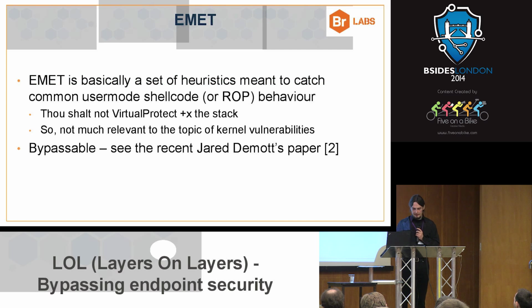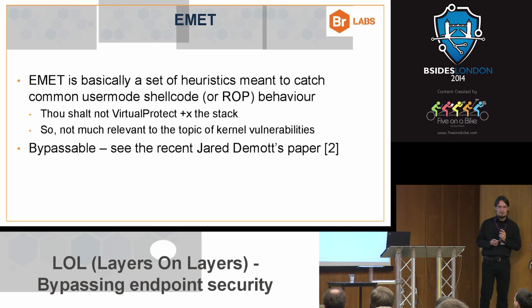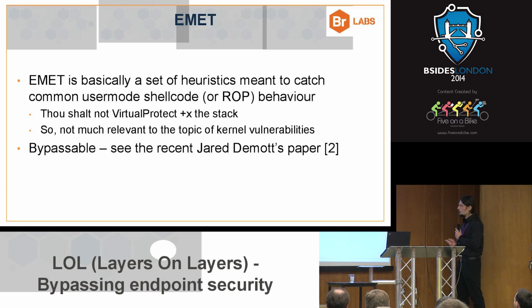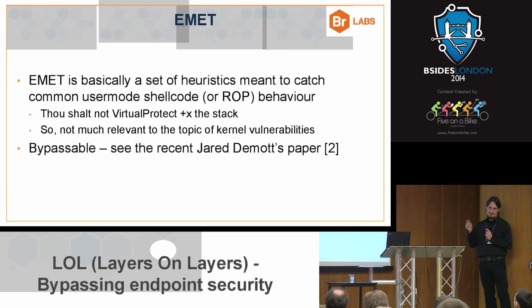How it works: EMET is essentially a set of hooks in user mode libraries like kernel32.dll or ntdll.dll that tries to catch many behaviors exposed by common shellcode or ROP chains. For instance, whenever it sees that something tries to execute the VirtualProtect function on the stack, so make the stack executable, then it panics, right?